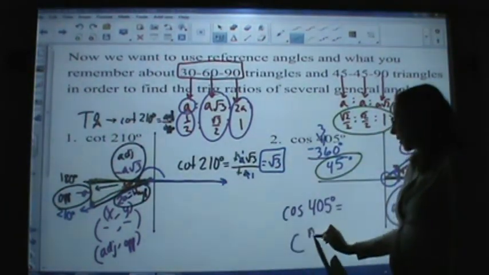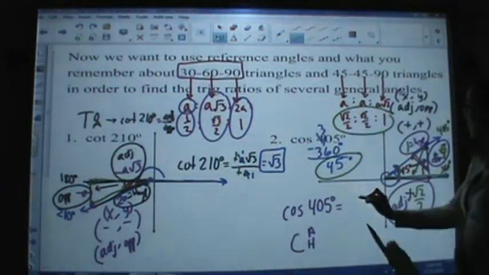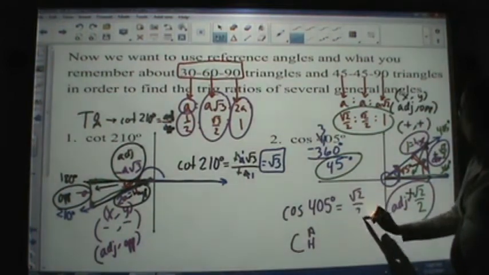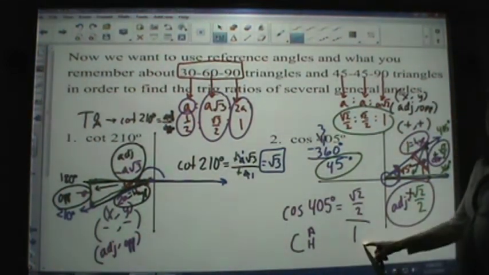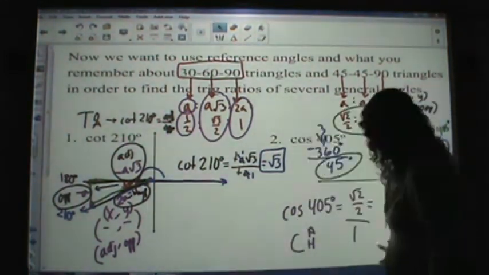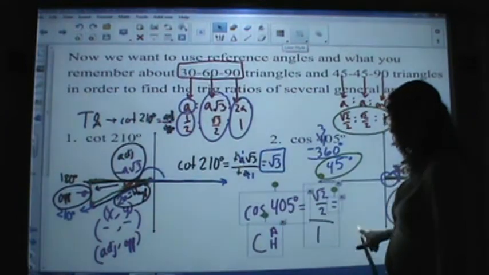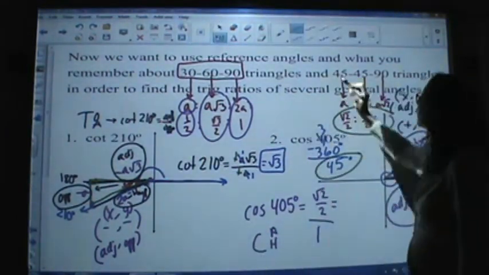Cosine is CAH, adjacent over hypotenuse. Our adjacent side is root 2 over 2, and our hypotenuse is 1. Anything divided by 1 is just itself, so our final answer is just root 2 over 2.